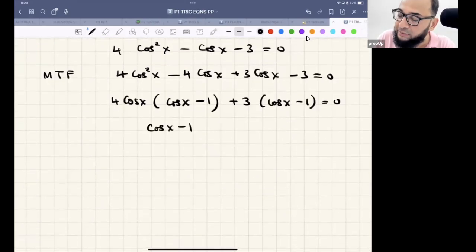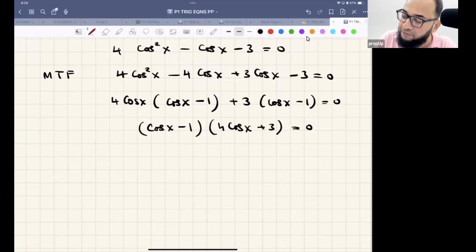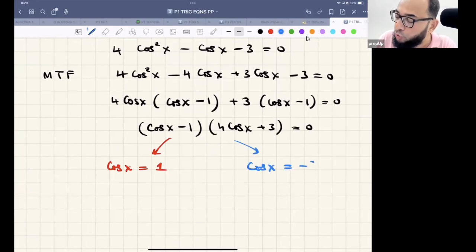Therefore cosine x minus 1, and 4 cosine x plus 3 equals 0. In other words, cosine x equals 1, and cosine x equals negative 3 over 4.